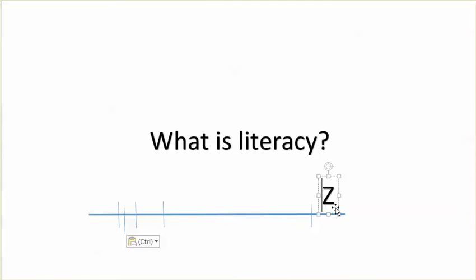Then you have people who are less advanced.